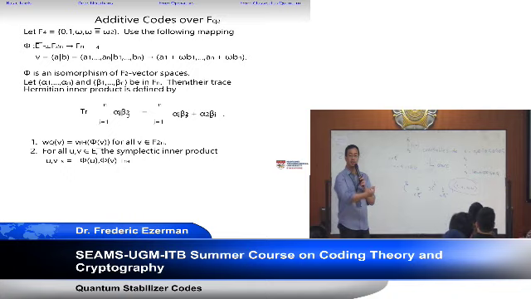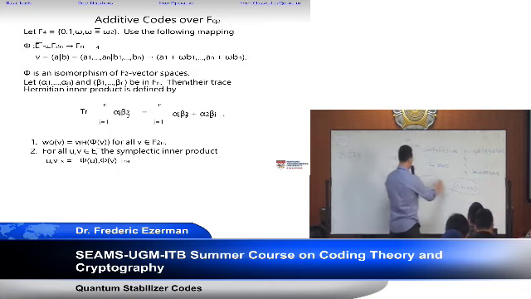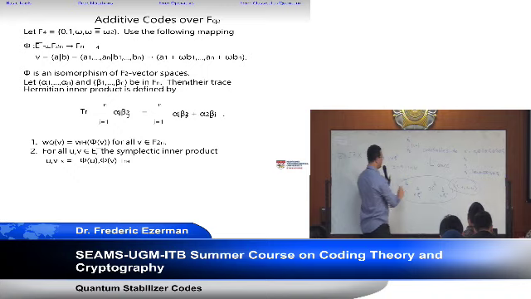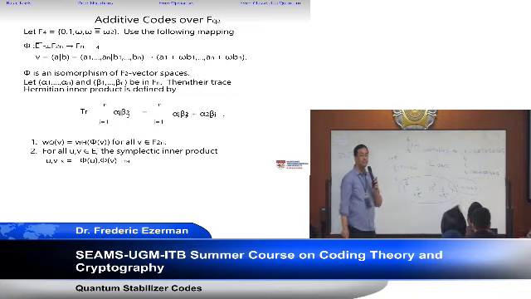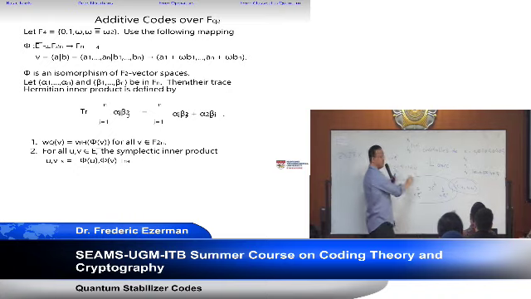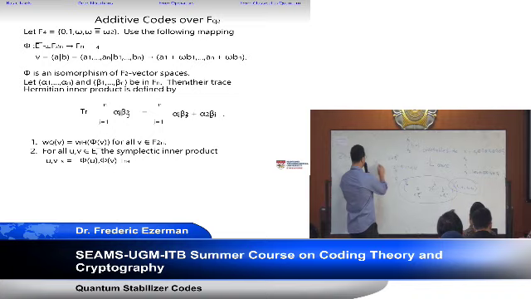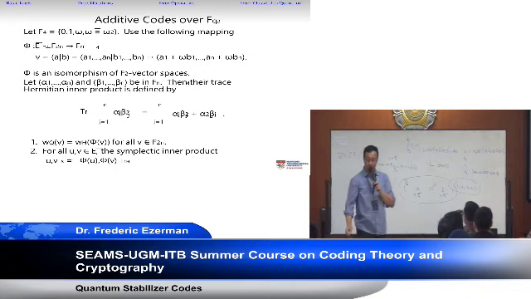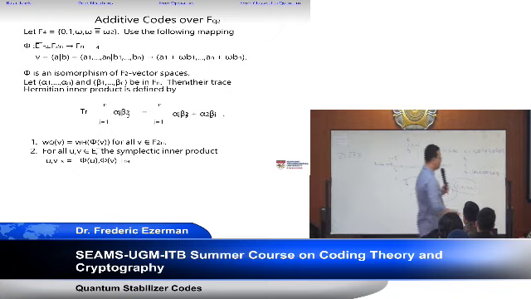Is this clear? So now I can write this in terms of that. I do the same for V2 all the way until Vn. Now, here this is linear, while here the code is additive. It's F2 linear. I hope that's intuitively clear at least. So that's what happened.